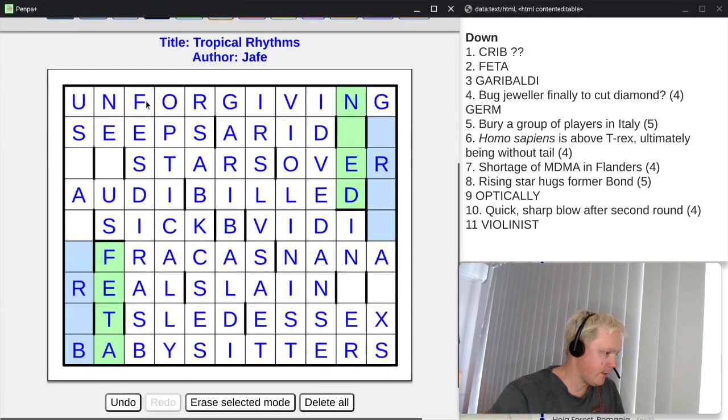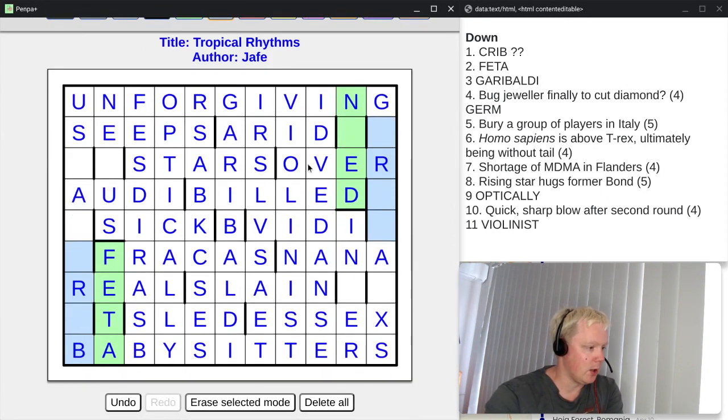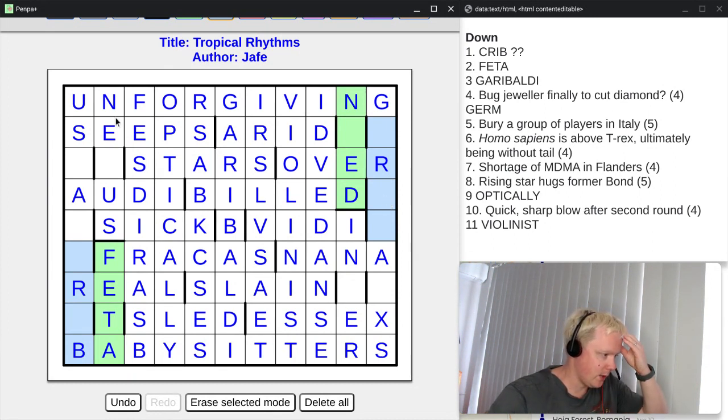Now let's see where germ might go. Now here it might go there. Here it might go there. Germ could go here. Is there any other place? Can't go there, can't go there, there, or there. But actually, annoyingly, remember we had crib either here or here. Now if we have crib here, germ goes there. That works. But the other way it works as well.